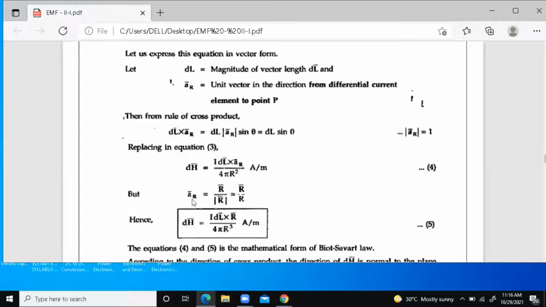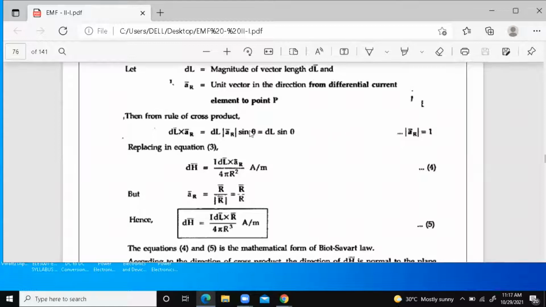And as before, aR equals R over the modulus of R. So this is the mathematical form of what Biot-Savart said above.